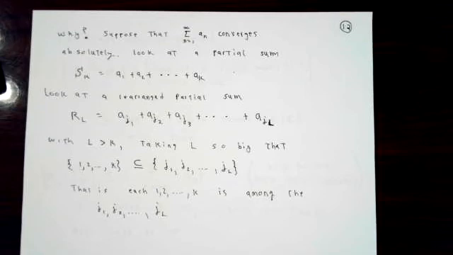The reason that L has to be at least k is the set of indexes that go with the L are J1, J2 out to JL, and amongst those indexes are 1, 2, 3 out to K. So the very smallest L could conceivably be, if I actually want to do this, is K, and likely it needs to be bigger than that.